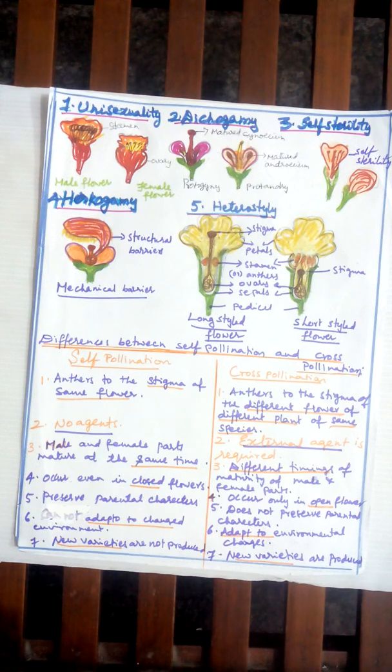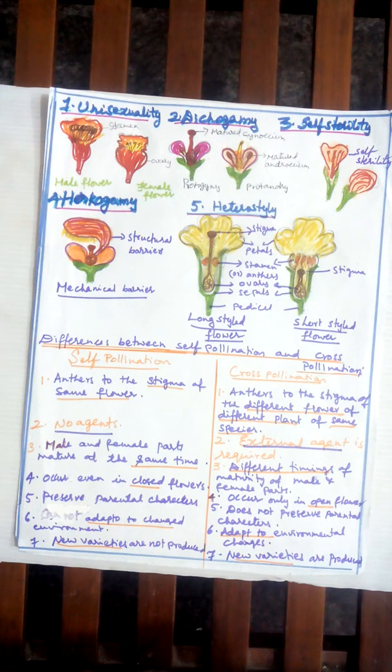Now we are moving to differences between self-pollination and cross-pollination. In self-pollination, the transfer of pollen grains from the anther to the stigma of the same flower takes place. Whereas in cross-pollination, the transfer of pollen grains from the anther of one flower to the stigma of another flower of a different plant of the same species, that is also called allogamy.